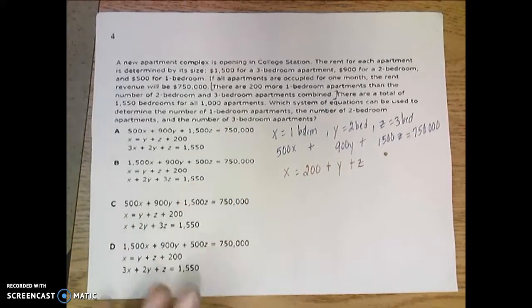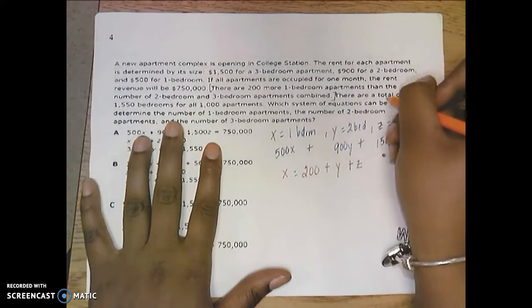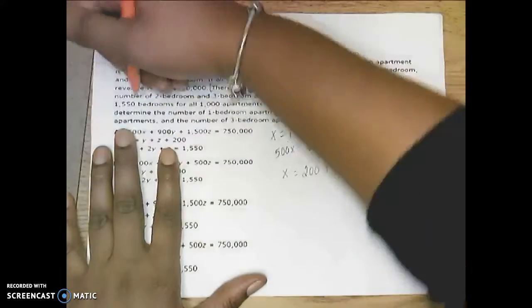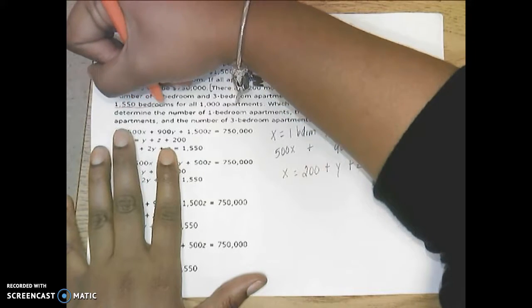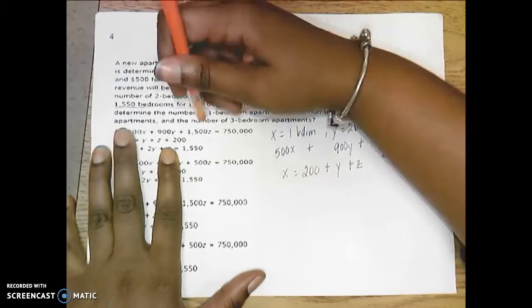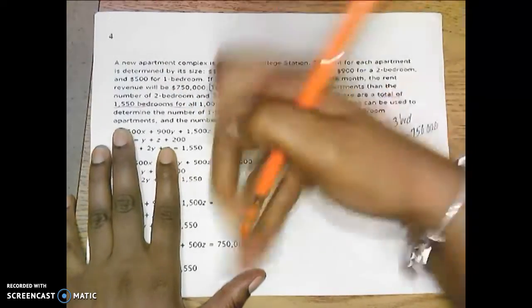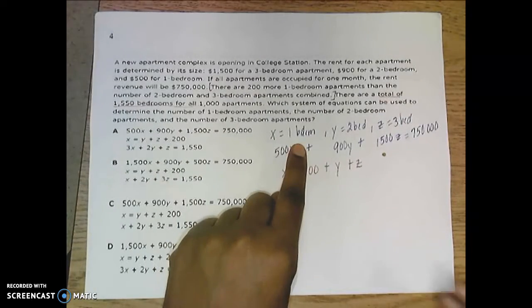And the last equation, there's a total of 1,550 bedrooms for all 1,000 apartments. Which system of equations can be used to determine? So this last little piece in here, there's a total of 1,550 bedrooms for all 1,000 apartments. Really and truly, that 1,000 apartments is not significant, okay? What we need to know about is the bedrooms, because that's what we were comparing from the beginning.